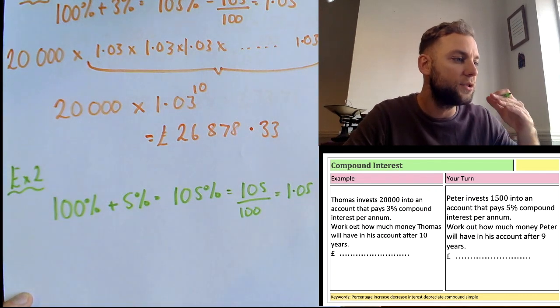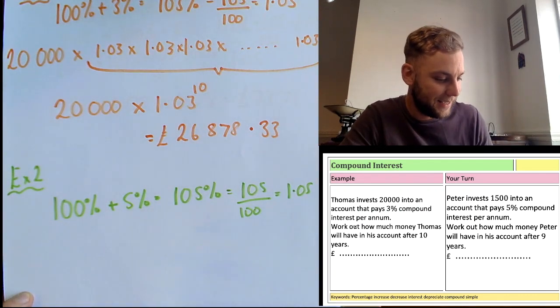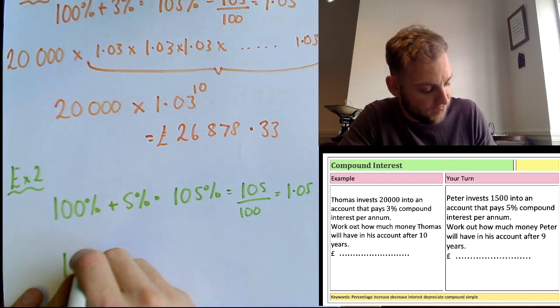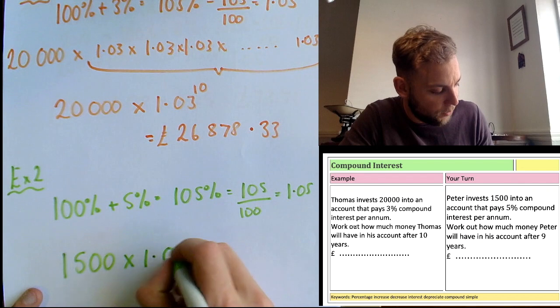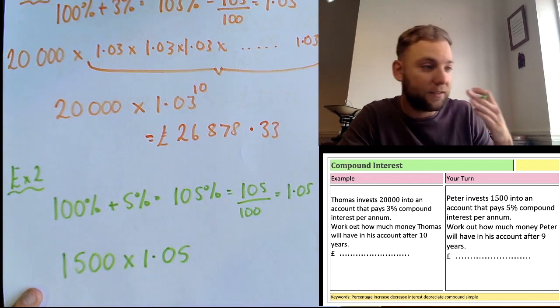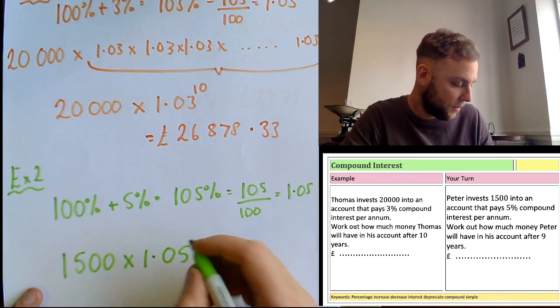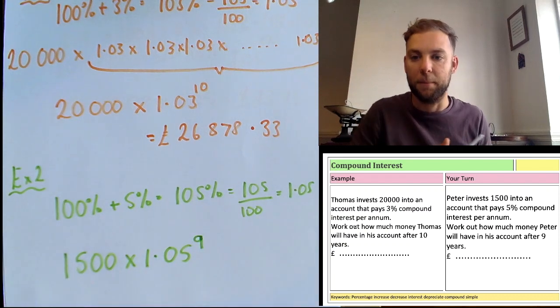So now if I'm going to do this over 9 years, it's going to be 1,500 times by 1.05. Now, instead of writing this 9 times, I'm going to do to the power of 9, remember.